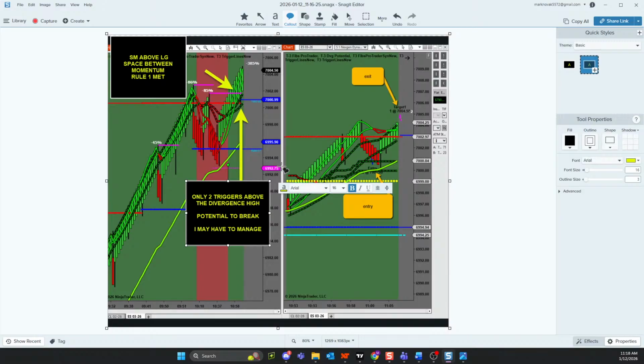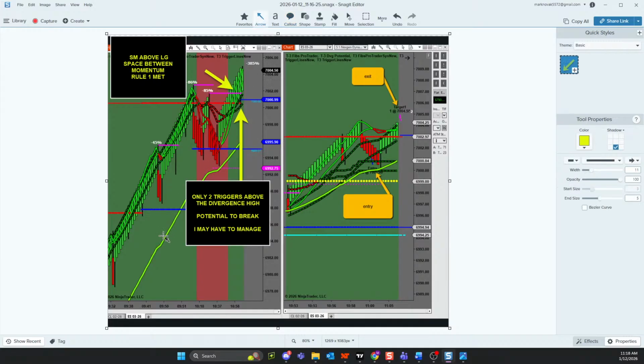Does that make sense on that part of the read? It's not quite a clear path, but the potential is good. So now what you're doing is you're creating this thought process. I've already got my management hat on. I know that I may have to manage just a little bit more assertively than normal.